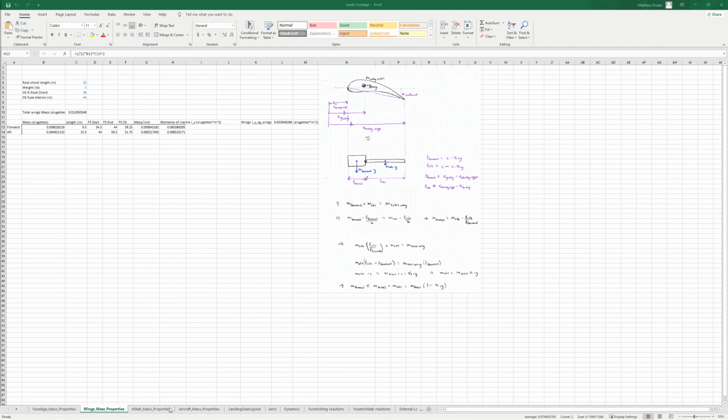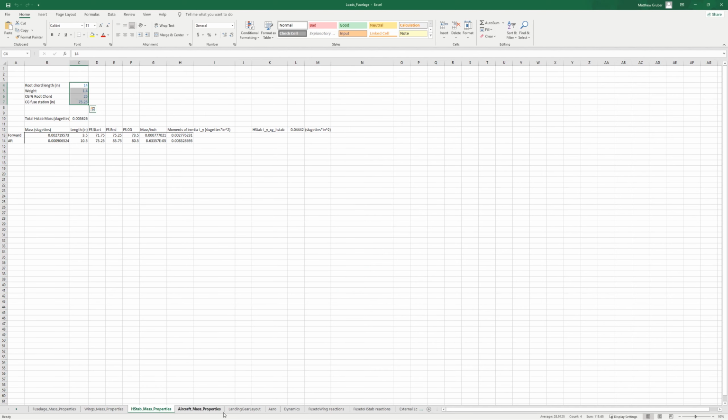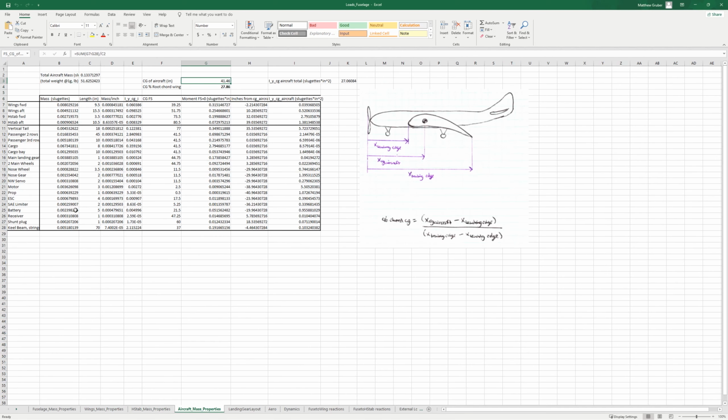So we accumulate all of this information from the past 3 tabs into this final tab where everything here is calculated. And this is all the mass properties that we need to know. So here we can calculate the total mass of the aircraft, the CG location, both in terms of fuselage station and also in terms of percent root chord.